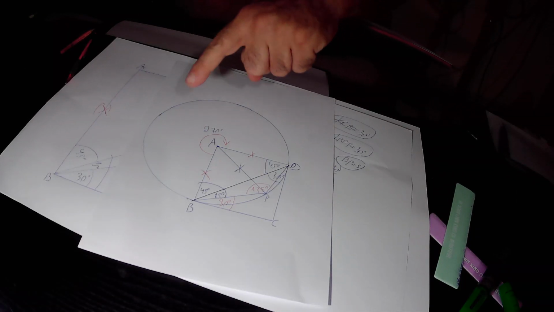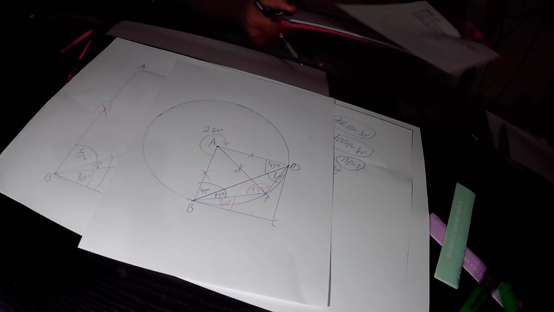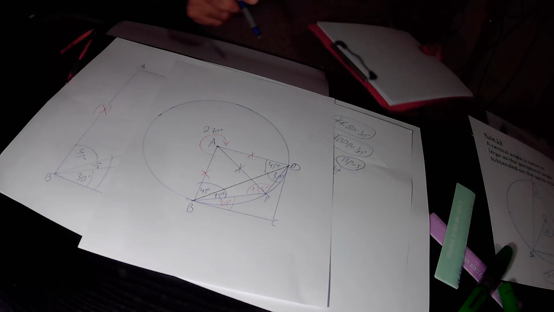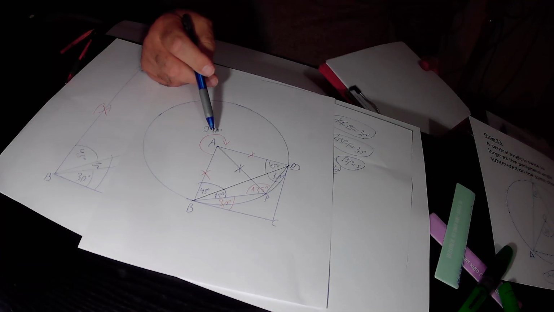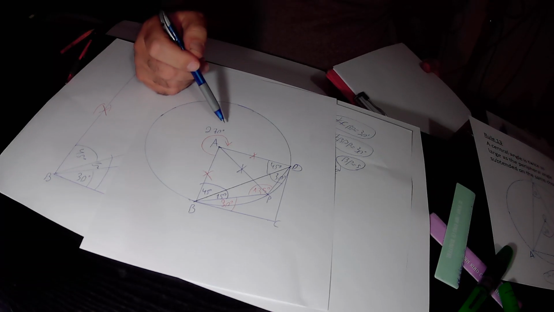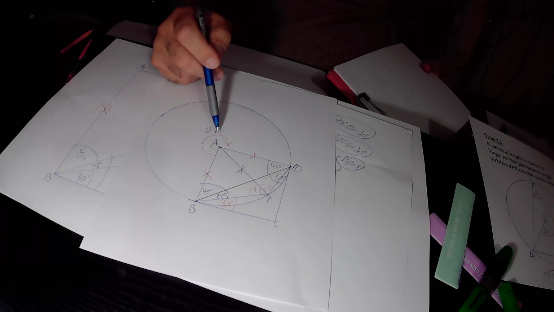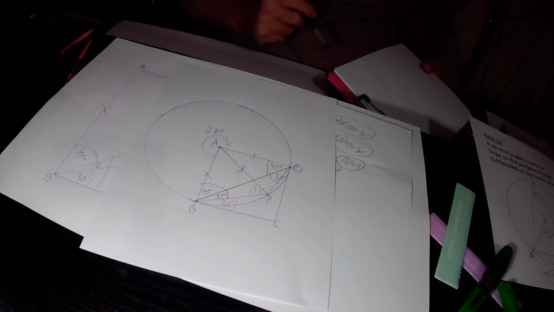This is the circle that we draw around square ABCD. As I mentioned before, vertex A of square ABCD is the center of the circle, and x is the radius. AB is the radius x, AD is also the radius x.